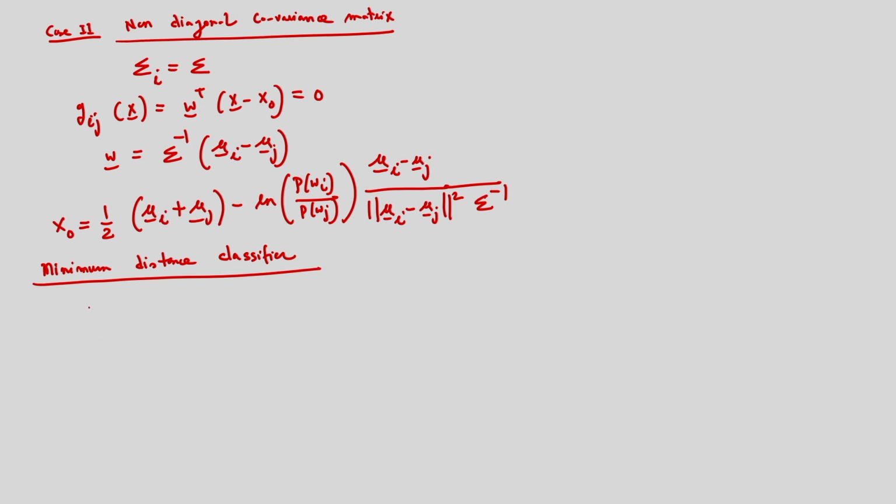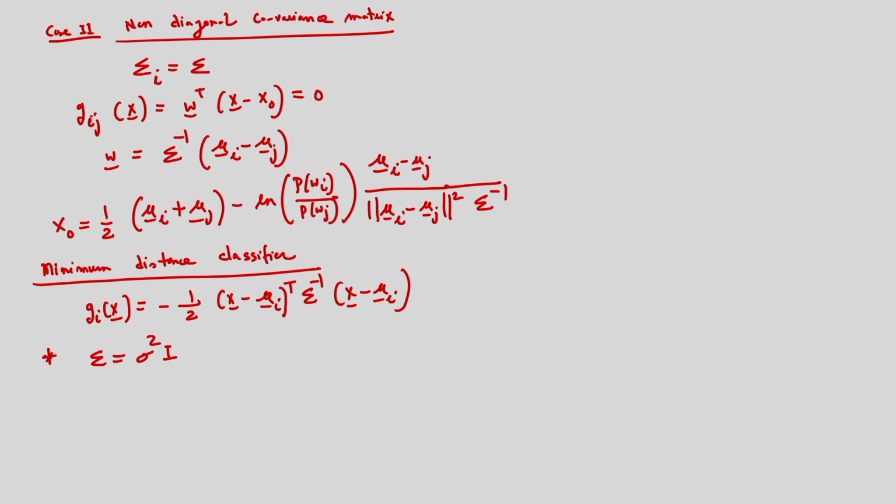From equation number 1, you have seen that the discriminant function is equal to minus 1 by 2 (x minus mu i) transpose sigma to the power minus 1, that is the inverse of the covariance matrix. So you know this. Suppose the case is like this: sigma is equal to sigma square into I, where I is the identity matrix.